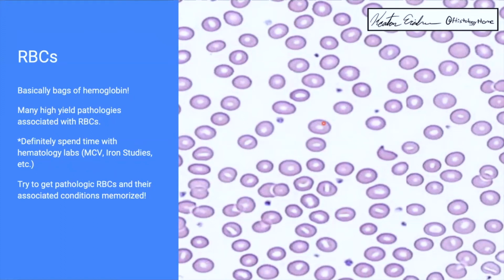how big that central pallor should be, and then, if you're looking at a pathologic blood smear, some tips I would say are to compare red blood cell sizes to one another. They should all be relatively similar to one another, like we're seeing on this slide here.